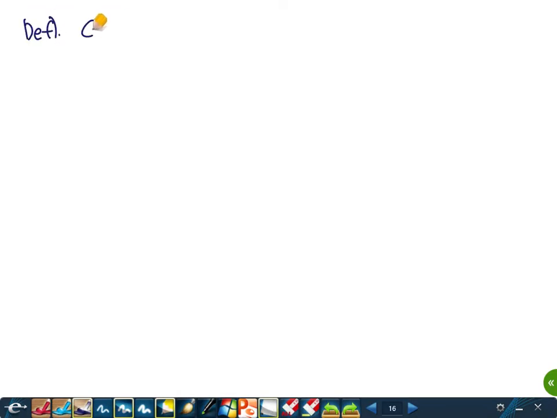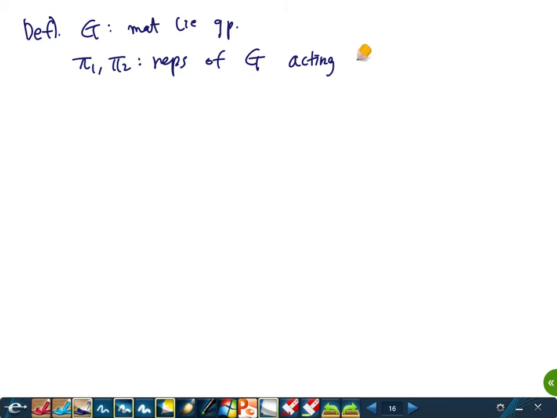So matrix Lie group. Pi 1, pi 2, these are representations of G acting on V1, V2.